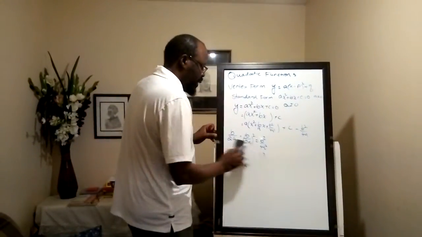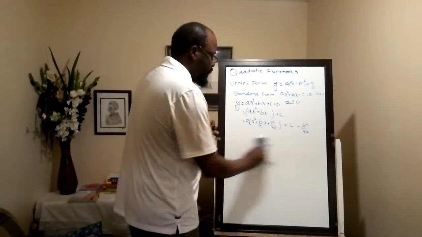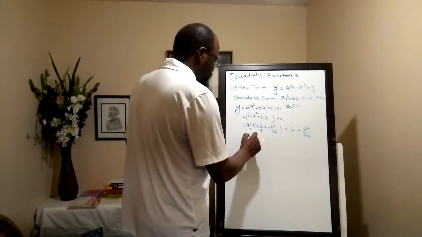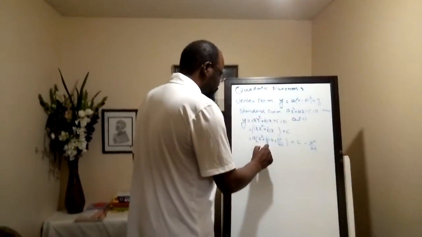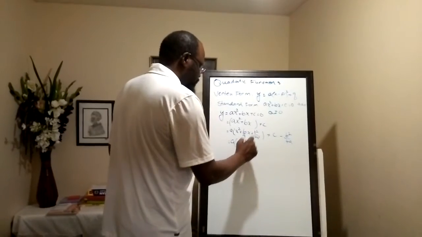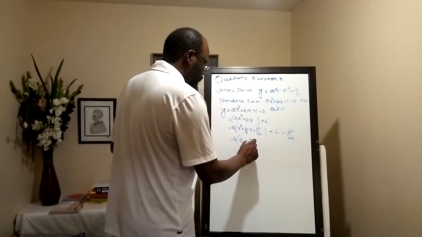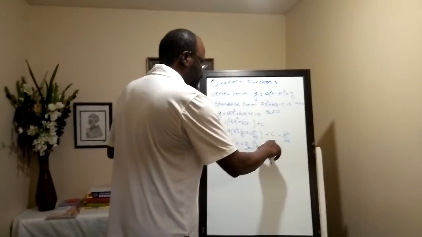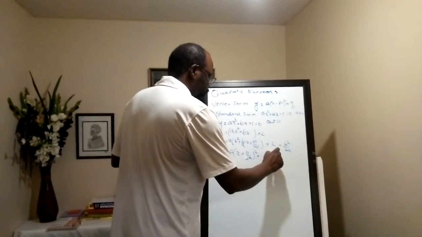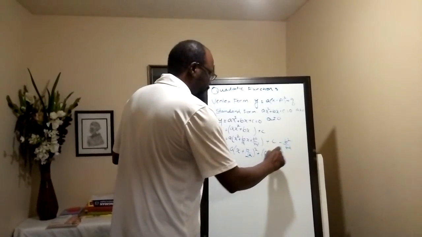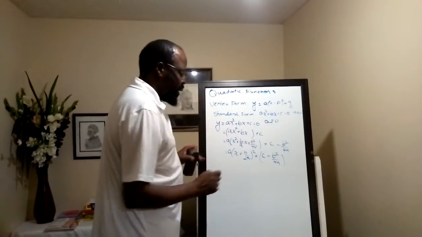I will erase this one now because we don't have space. After that, we complete the square from here. We write it this way: a times (x plus b over 2a) squared, plus c minus b squared over 4a.